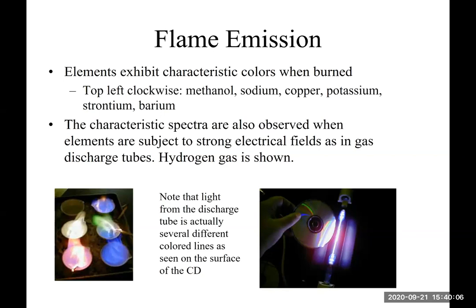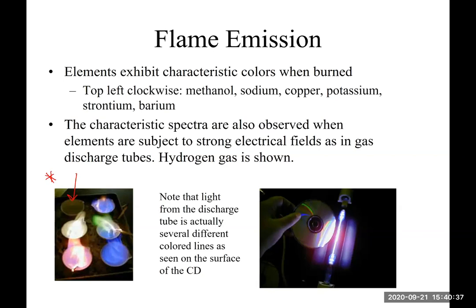So you can see over here on the left side of the lower screen, there are some flame tests. When you light particular elements on fire, they burn a colored glow, which is associated with the wavelength at which the electrons are residing. So when we look, for example, at this particular sample, that's methanol.